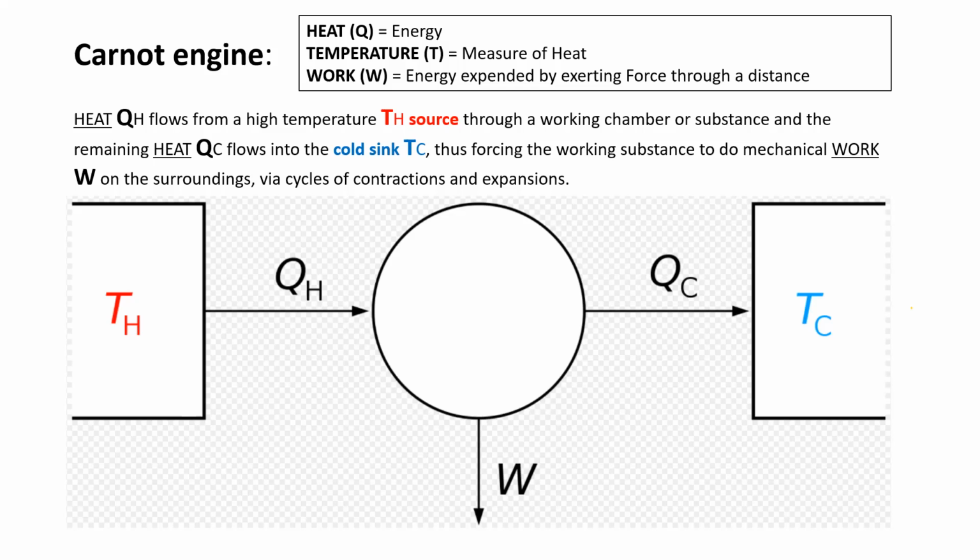So here now we'll bring in this term Q for heat, the energy of the system, and the energy passed from the environment or a source of temperature to a working body. And then you have some of that heat can be work, but you're going to lose some of that heat to your cold sink in order to do work. And that's the spent energy.